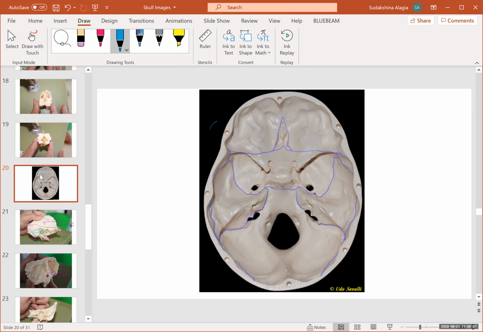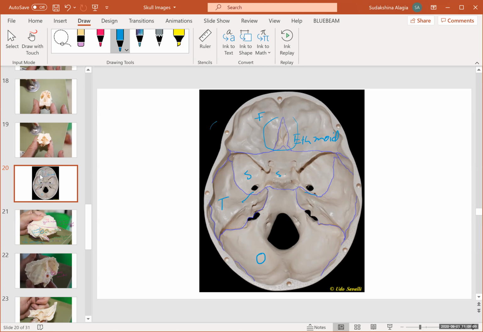The roof of the cranium is gone. This is the sphenoid bone. This is the temporal bone. This is the occipital bone. This is the frontal bone. This is the ethmoid.